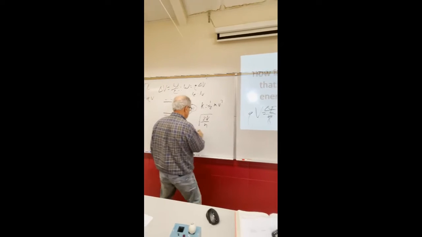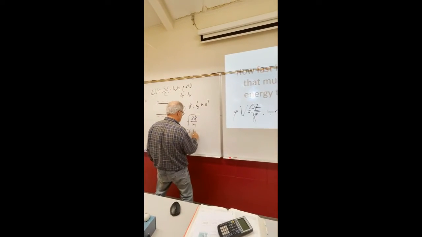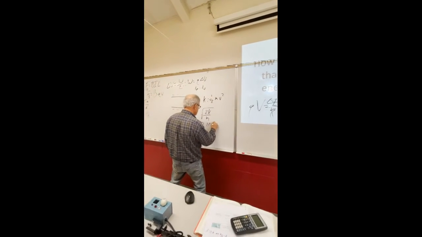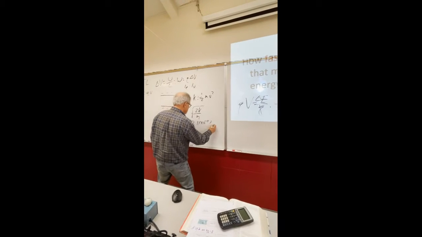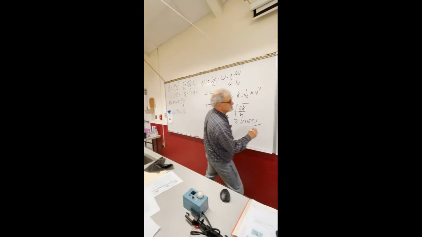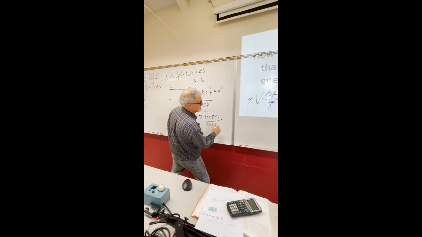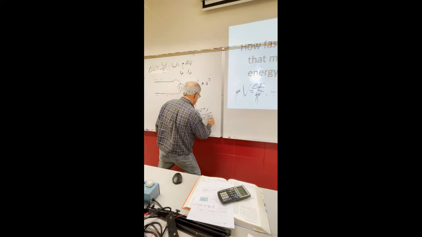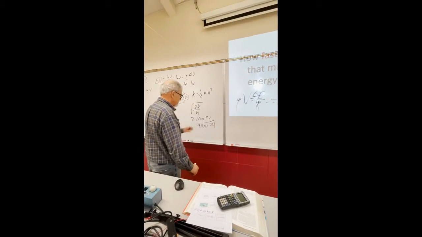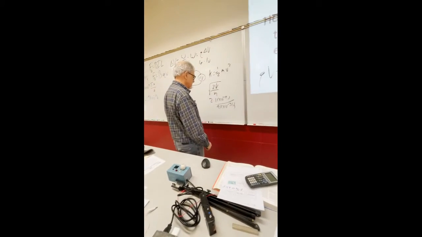So that's 2 times 1.1 times 10 to the negative 12 joules divided by the mass, which is 9.11 times 10 to the negative 31 kilograms.